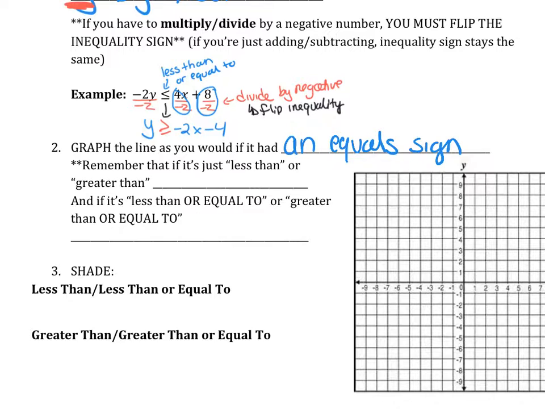You can find your y-intercept and then use the slope, rise over run, to get a couple more points. And then when you are connecting your dots, remember if it's just less than or just greater than, you use a dashed line to connect your dots. So it just depends. If it's greater than or equal to or less than or equal to, you use a solid line.